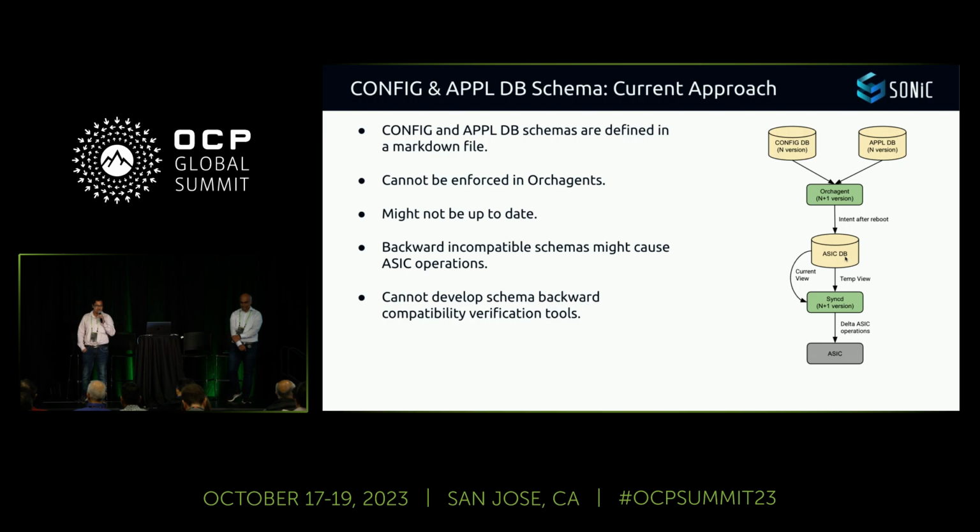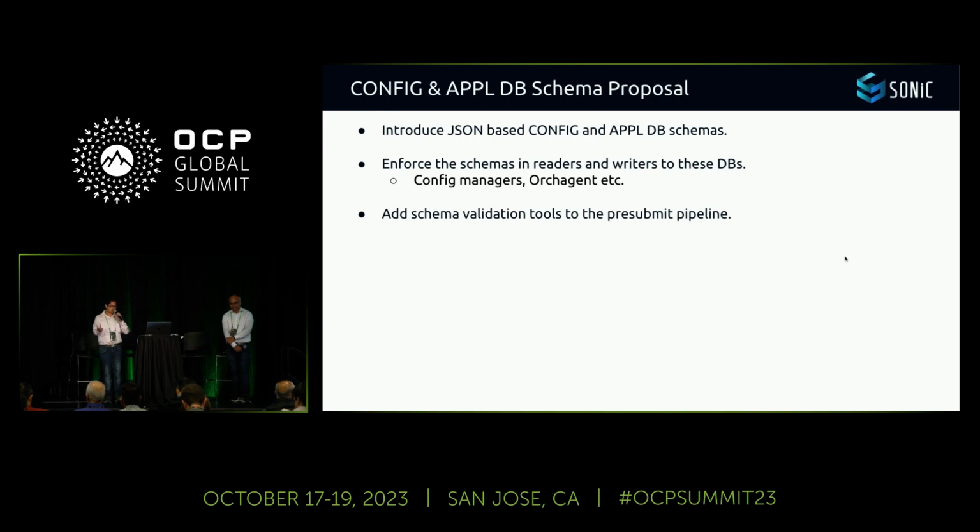So the problem with not having consistent schemas is that you might generate ASIC operations after reconciliation, and that can modify the ASIC state and cause traffic drops. So the proposal is to introduce JSON-based schemas, enforce them, and add schema validations in the pre-submit pipeline itself so that we can catch these issues earlier.